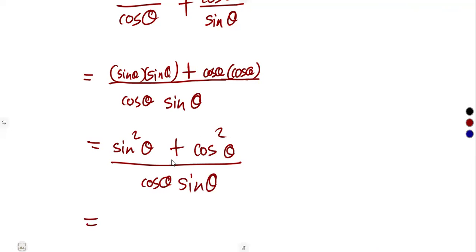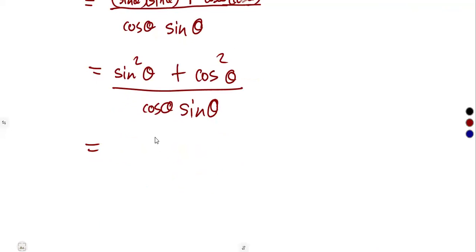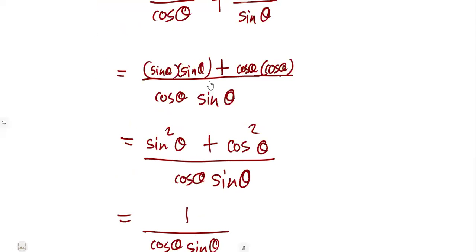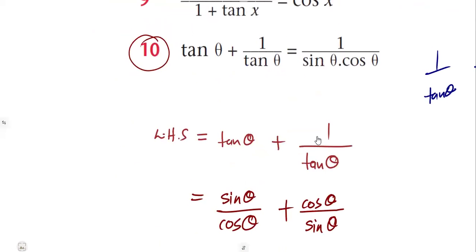Remember our Pythagorean identity, this one is equal to 1. By now, guys, we must be singing this identity. So this is 1 over cos theta, sine theta. Is it what we have on our final answer, or is it written somewhere else? We are done with this, there is nothing more we can do.